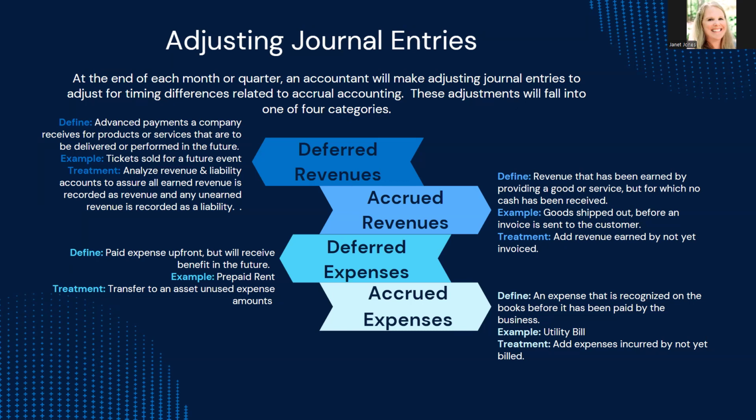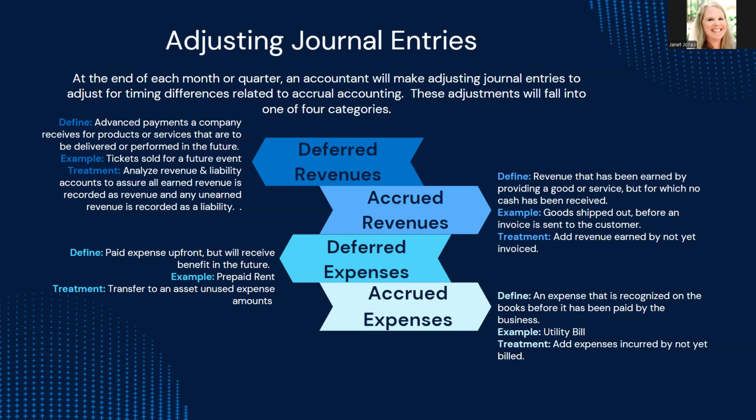This is where we have received payment up front, but we haven't yet provided the goods or services, so we haven't yet earned those revenues. We've received that advance payment, but we haven't yet held up our end of the bargain. Deferred revenues will be recorded as a liability until we've actually earned them.